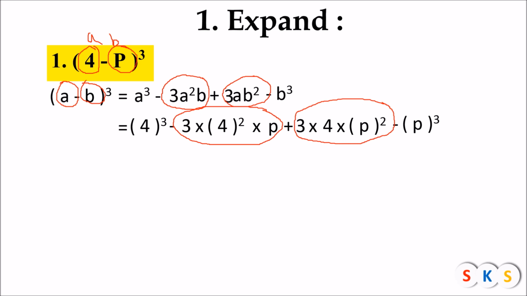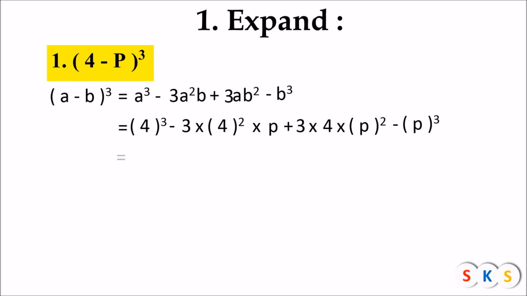After substituting the values of a and b in this formula, we will simplify it further. 4 raised to 3 means 4 into 4 into 4, that would be 64, minus, now here first we will take the square of 4, and the square of 4 is 16, and 16 into 3 is 48, 48p, plus 3 into 4 is 12, 12p square, minus p raised to 3.